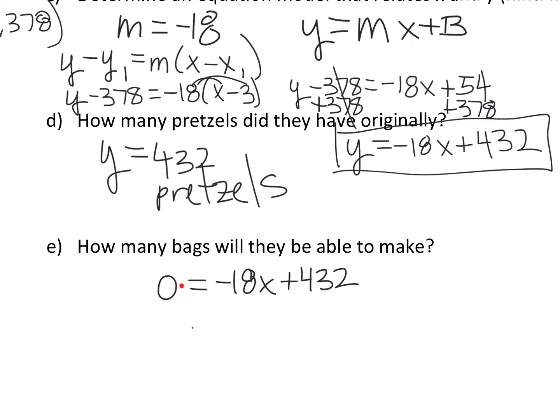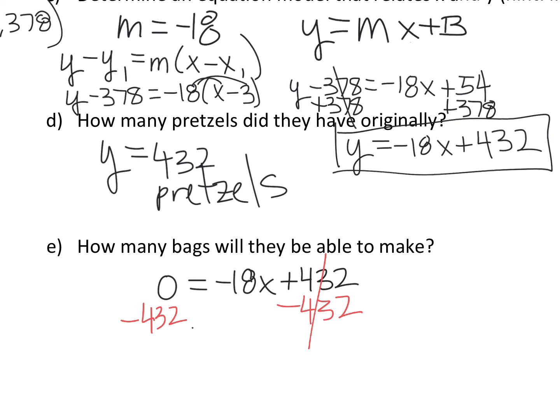If this is 0, this is the number of bags that will give us 0 remaining. So now we just look at this. Once you figure out how to set it up, now we just solve. Just look at this algebraically. You just exit the pretzel remaining physical situation in your mind and just solve.